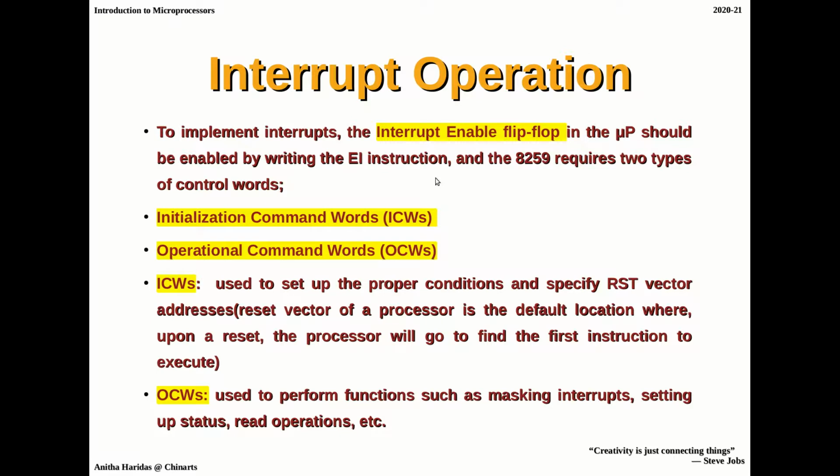Then for the 8259 to be integrated for the interrupt operation, it requires two control words. One is for initializing all the conditions for handling the interrupts. The other, to operate using the interrupt, is called the operational command word.